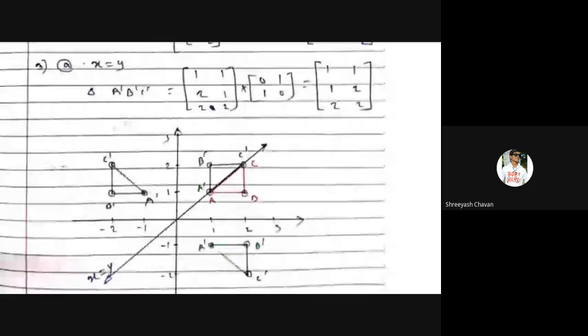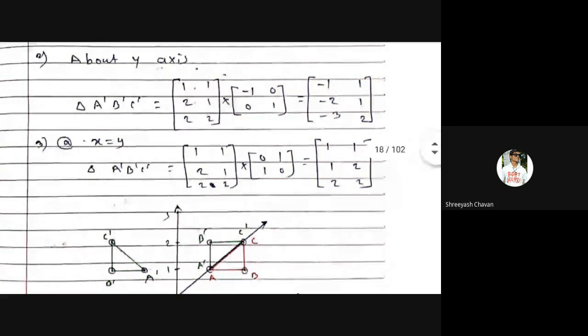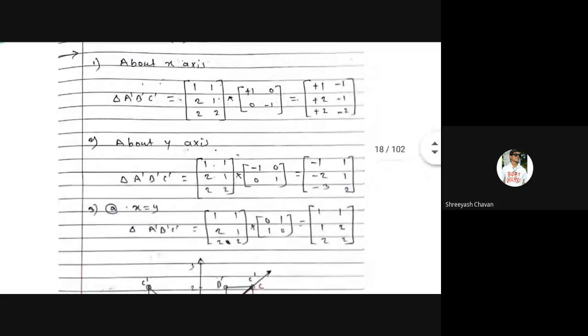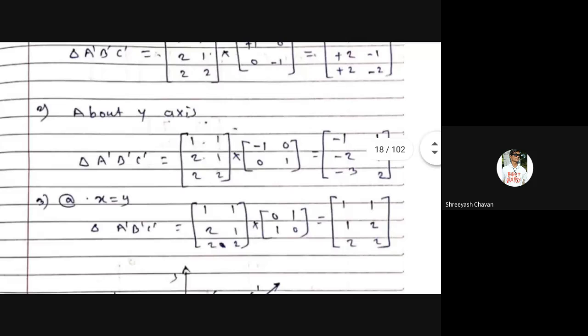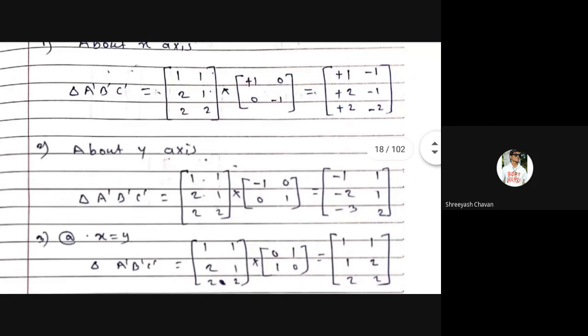So there is no need to use another problem. In one problem, all your doubts are cleared. I think only one type of transformation is remaining, scaling, sorry, shear. So try to calculate it yourselves: about x-axis, about y-axis, and about x is equal to y.